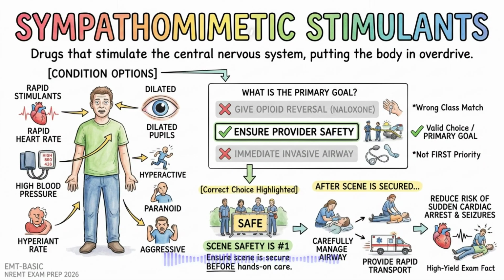A patient high on stimulants will have a rapid heart rate, high blood pressure, dilated pupils, and often exhibit hyperactive, paranoid, or aggressive behavior. Your primary goal is to ensure your own safety first. Carefully manage their airway and provide rapid transport, as these patients are at a very high risk for sudden cardiac arrest or seizures.